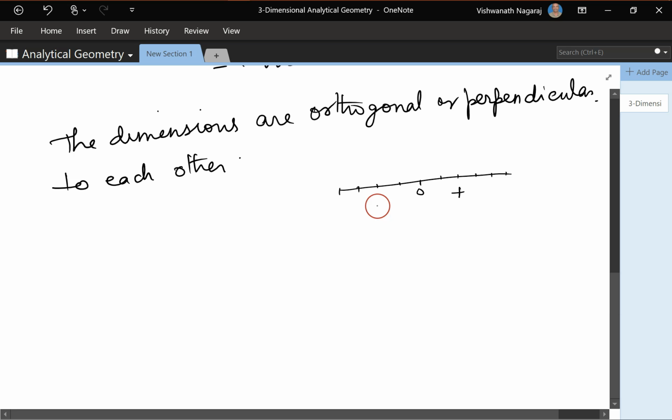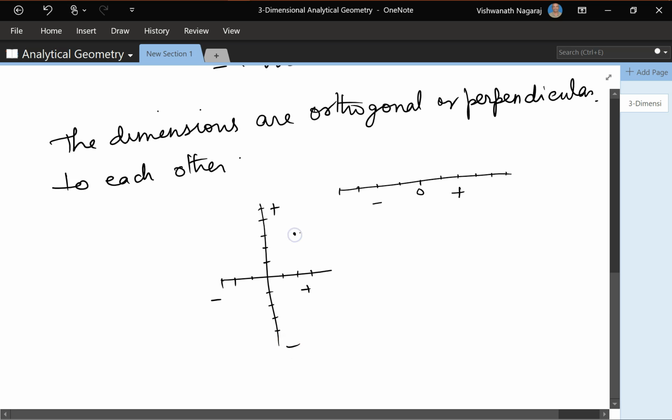To the right we treat it as positive direction, and to the left we treat it as negative direction. Similarly, when we want to focus on a plane, then we have positive and negative just like a number line, and then we have an up and down direction as well, right? So this is positive, this is negative, this is positive, this is negative.